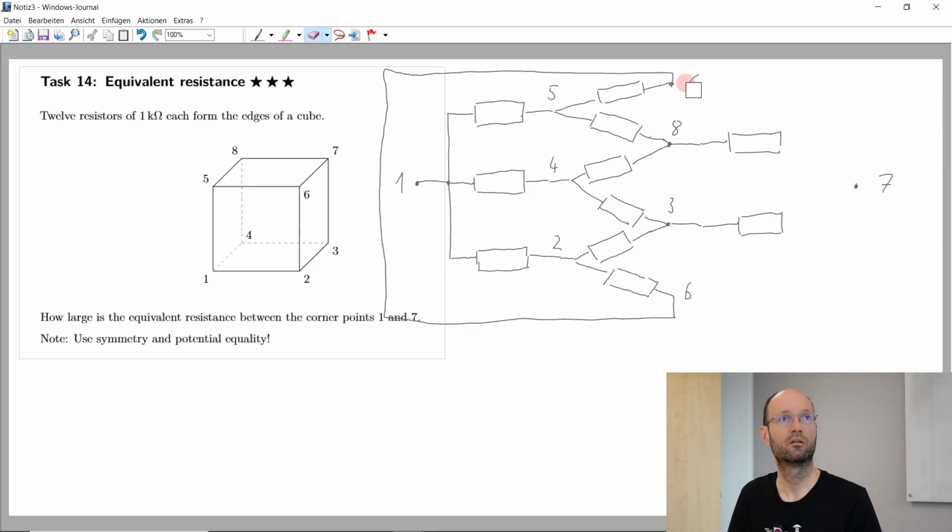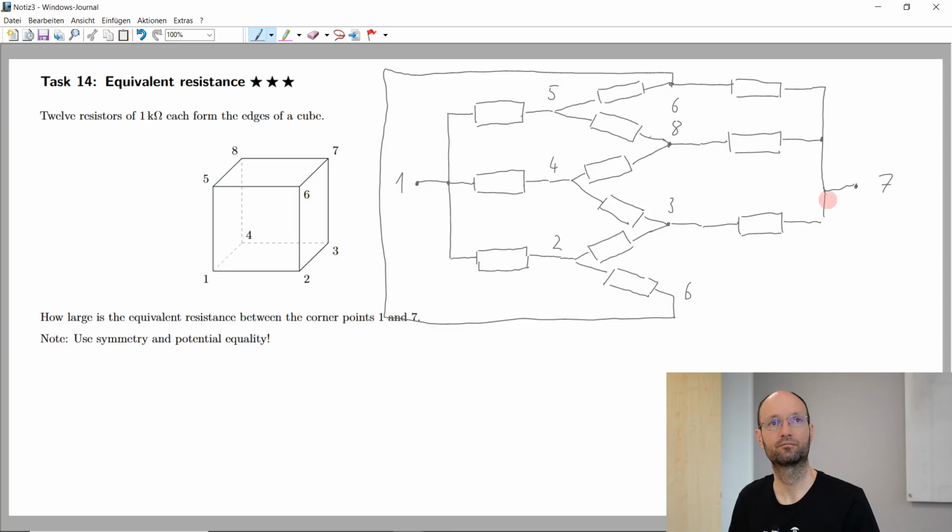Cannot change the 6, so this is the node 6, and also from 6 over some resistor we go to the 7, and this all goes together to one node going to 7. Okay, and all these resistors are equal.